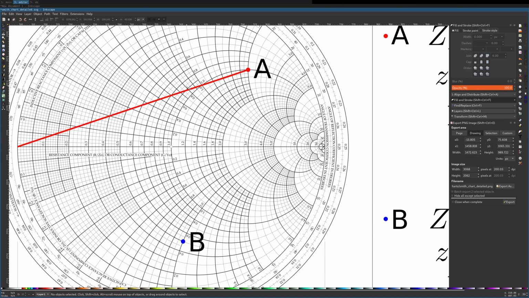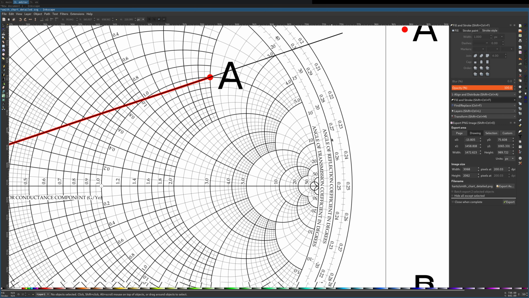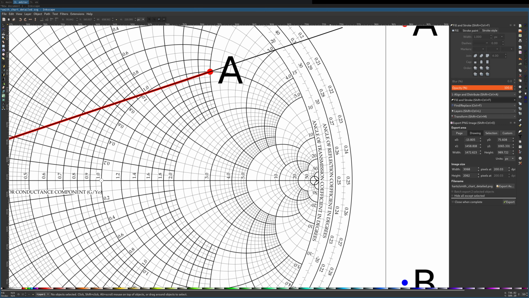And for the angle, we again draw a line, this time from the origin, past point A, all the way out of the Smith chart. This time, instead of using the second inner ring, we look at the first inner ring that is labeled angle of transmission coefficient in degrees.